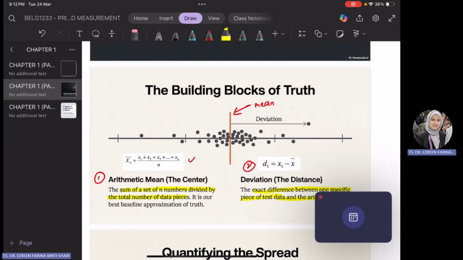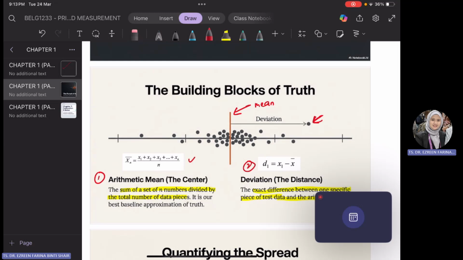For example, to find the deviation for this data, I use the formula D1 equals X1 minus X bar, where X1 is the value of this data and X bar is the mean.